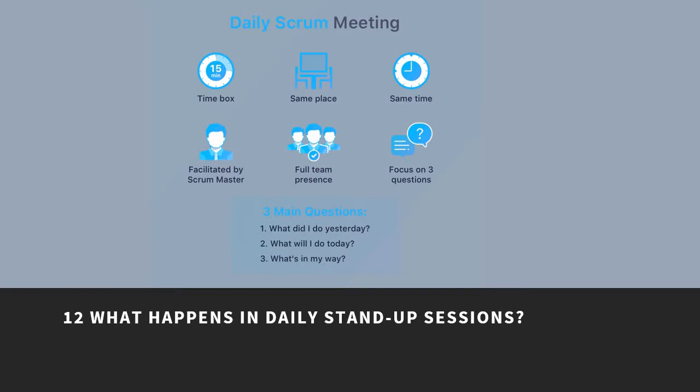In the daily stand-up meeting, the Scrum Master focuses on 3 questions. What did I do yesterday? What will I do today? And what is in my way? These are the things asked during the daily Scrum meeting to the team members.